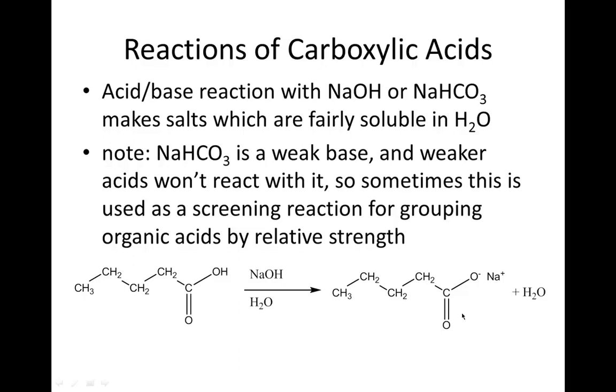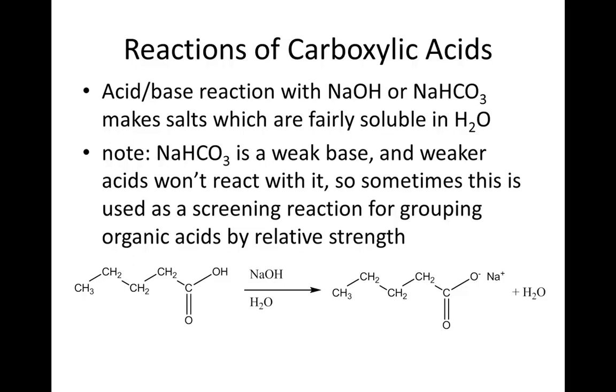Now, we're not going to do a lot of reactions of carboxylic acids in this chapter. We're going to do most of them with respect to making derivatives in the next chapter. But one of the things we've already talked about was the acid-base reaction of carboxylic acids with reasonably strong bases like sodium hydroxide in aqueous solution.